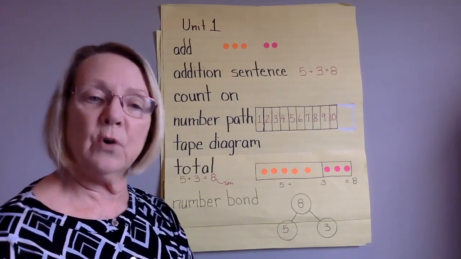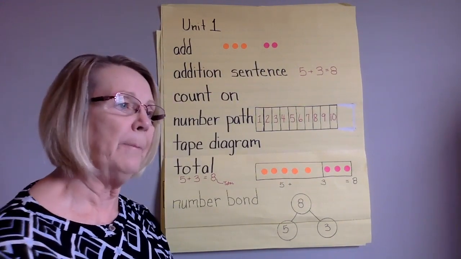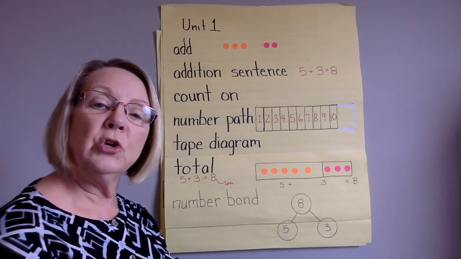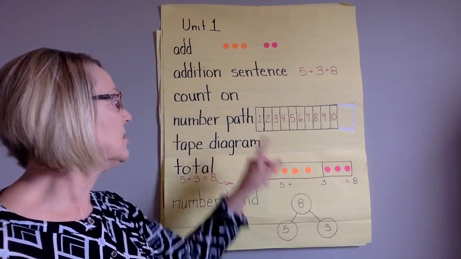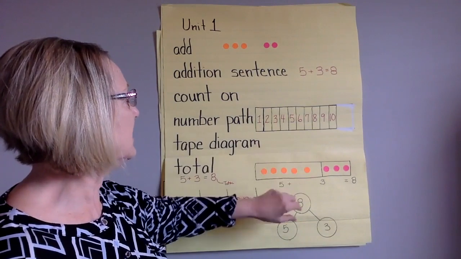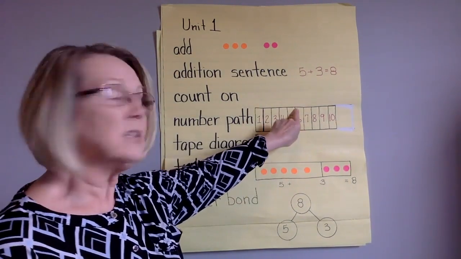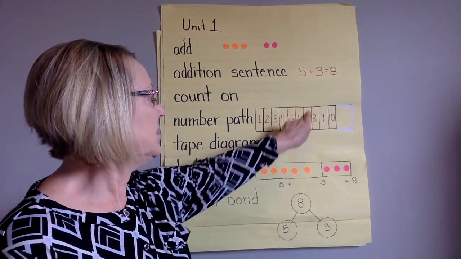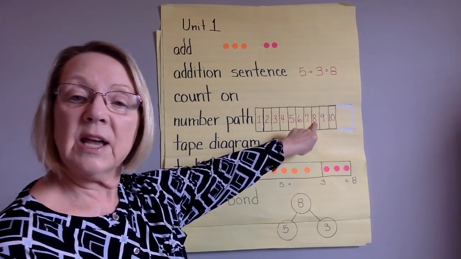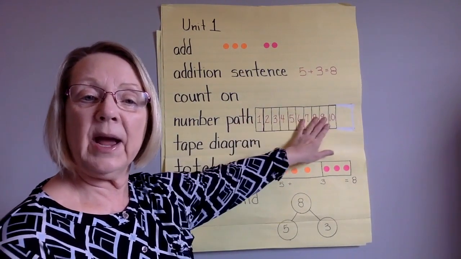Okay, so there are several ways that we've learned in this past year to count on. We've also used number paths by saying that we have 5 plus 3, 1, 2, 3, equals 8. So this is a number path.